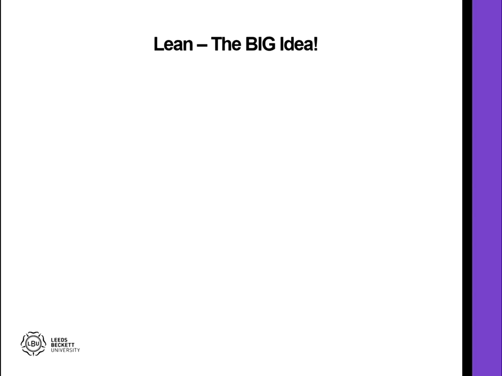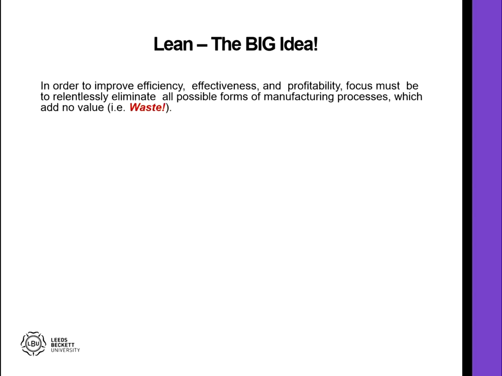So, going through quickly: lean is to improve efficiency, effectiveness, and profitability. The focus must be relentlessly eliminating all possible forms of manufacturing process which have waste, as in don't add value to the product. And we specifically mean product in relation to the customer.